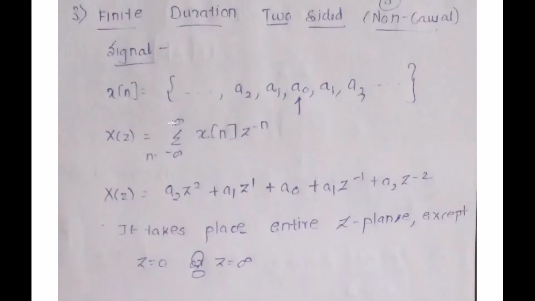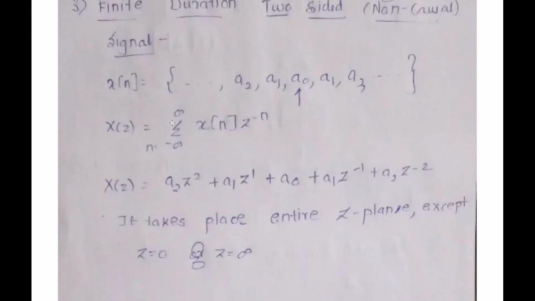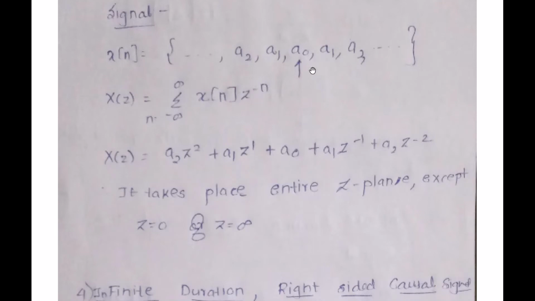Similarly, I have finite duration two-sided, in which I have values on both sides. Hence in this case I will take from minus infinity to infinity x(n) z raised to minus n. Now n is minus 2, n is minus 1, n is 1, n is 2.